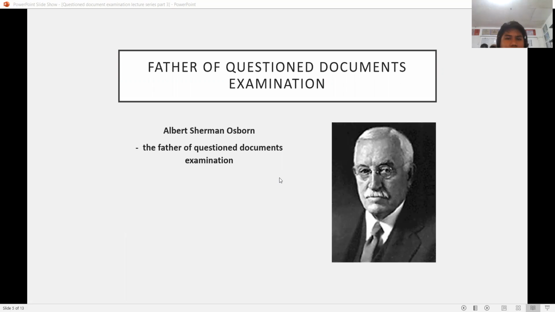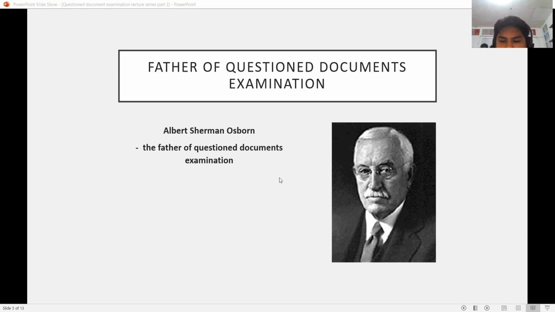And we have here the father of question document examination. Who's the father of question document examination? Albert Sherman Osborne. He is the father of question document examination. And Osborne is also known for founding the American Society of Question Document Examiners, or the ASQDE, on September 2, 1942.